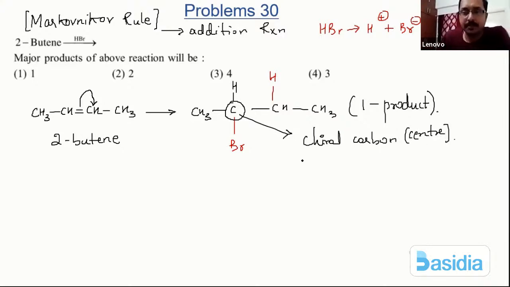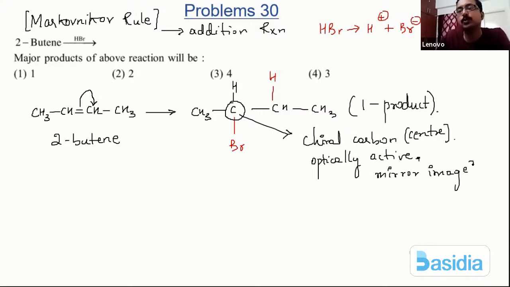That means the product is definitely becoming optically active, correct? So if a product is optically active, then it has every ability to produce a mirror image, correct? A non-superimposable mirror image. That word is very, very important.